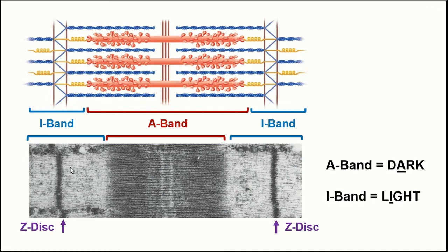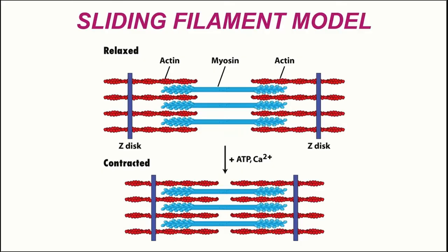So on either side of the Z-disc in the I bands, we've got the thin filaments and the elastic filaments, so we can clearly see that there's some material here, but it's not as densely packed as the A band, and so it doesn't appear as dark in the microscope image. For that reason, we get these two slightly lighter colored I bands on either side of the Z-disc, and in the very center of the sarcomere, we have the dark A band, which represents the overlap between the thick and the thin myofilaments.